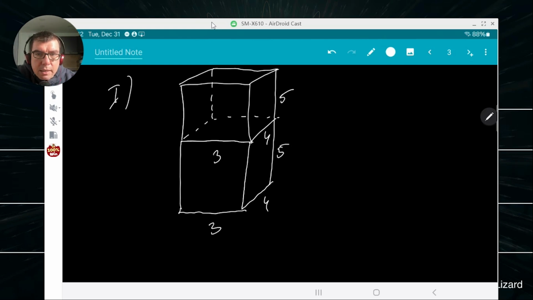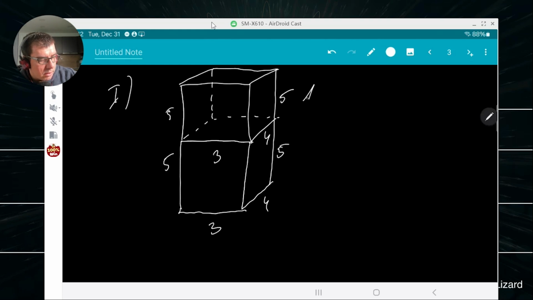Now this is my resulting solid, my resulting figure. What is its total surface area in this case? So basically one of the faces has now dimensions 4 by 10, and the other one has dimensions 3 by 10, right?